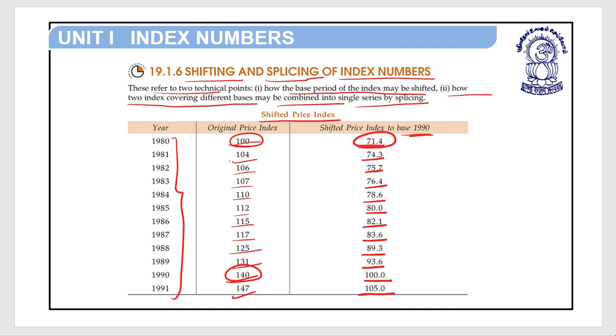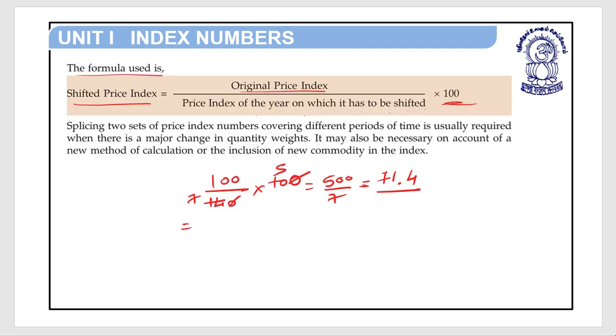Same way for 104: 104 by 140 into 100. The zeros cut. 2 5s are 10, 2 7s are 14.